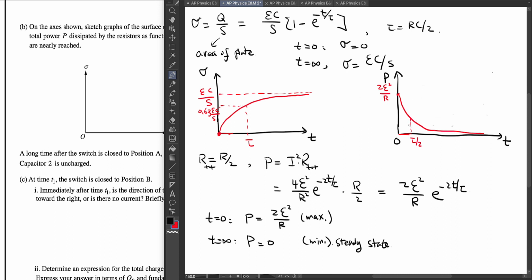When the time instant is tau over 2, I should get the maximum power divided by e, the natural number e, which is 0.37 times the maximum value.